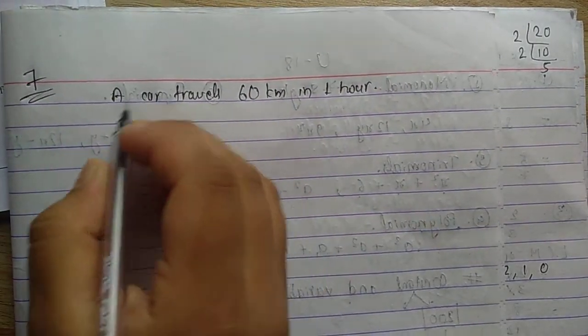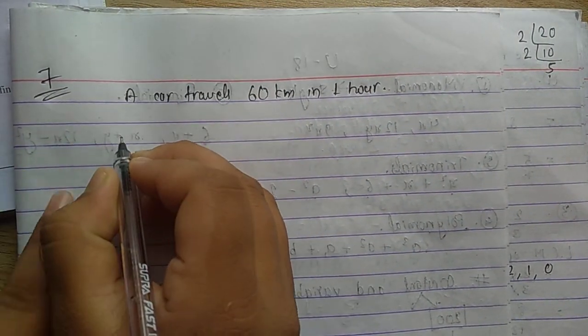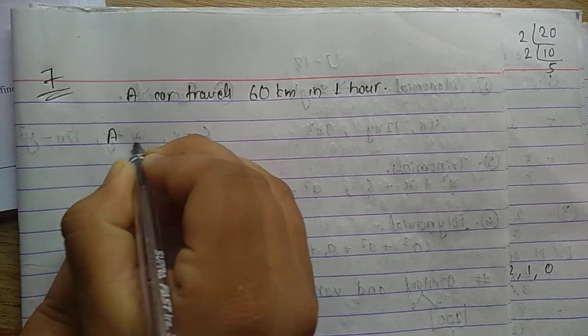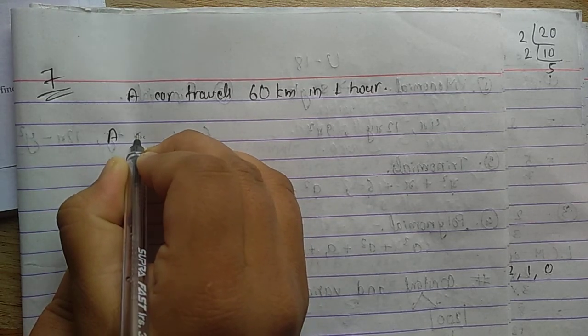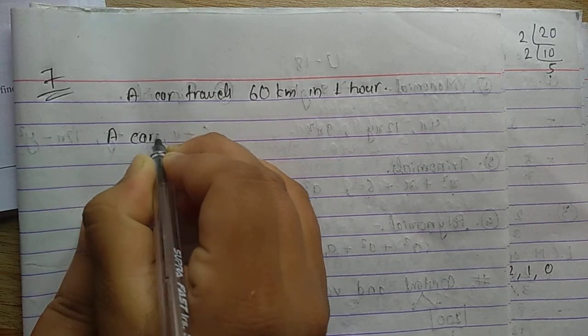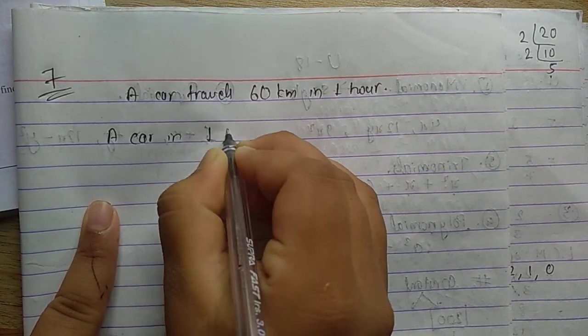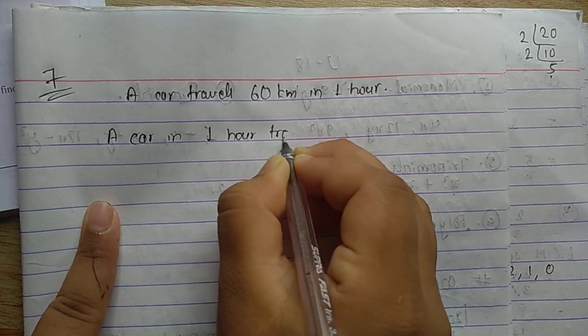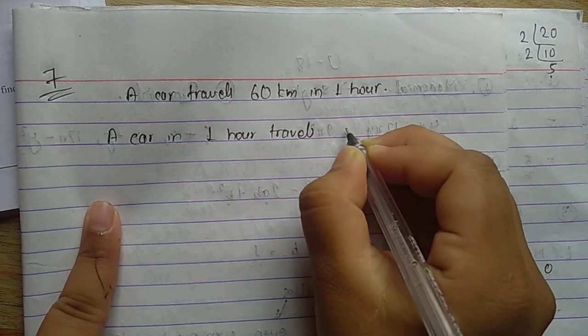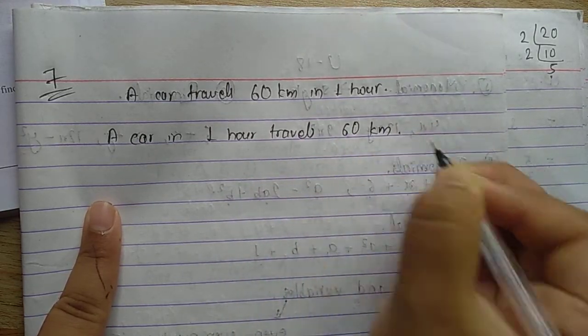Now we can write this sentence in such a form. A car in 1 hour travels 60 kilometers.